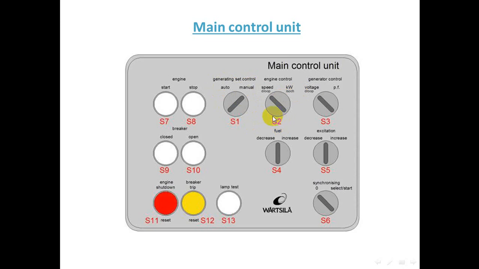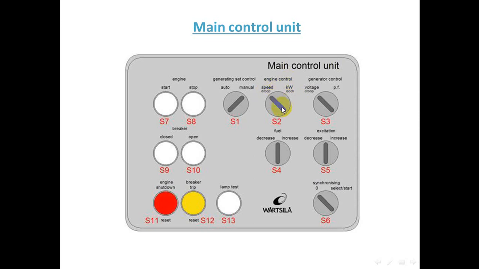S2. What do you see in this element? You see speed drop and kW iso. The kW is the abbreviation of kilowatt. It is the engine control mode: speed drop or isochronous.